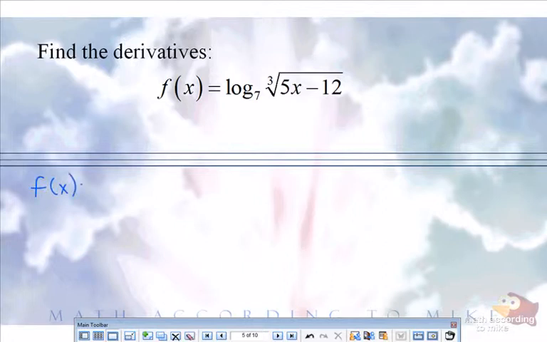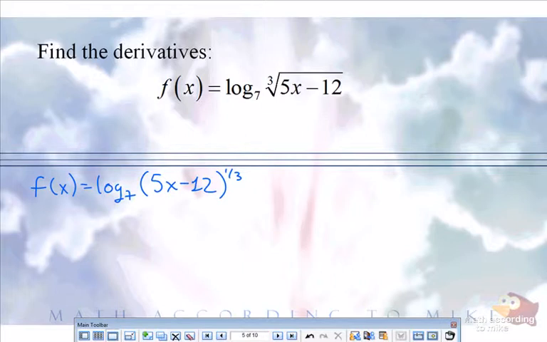Yeah, a cube root is a 1/3 power. And now that your argument is to a power, what could you do with that power? According to the power rule for logarithms.